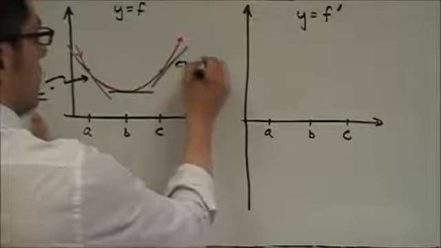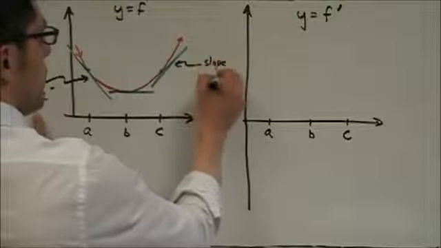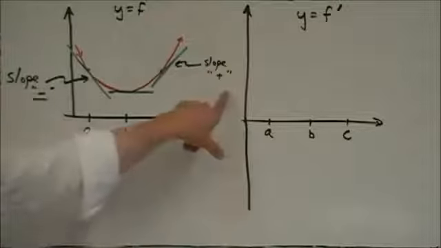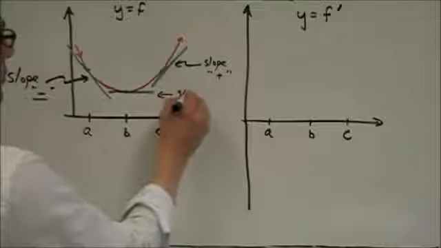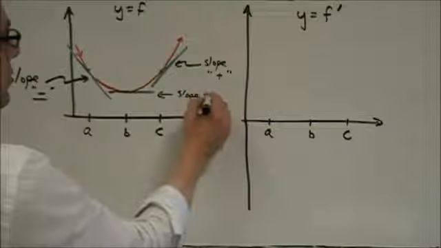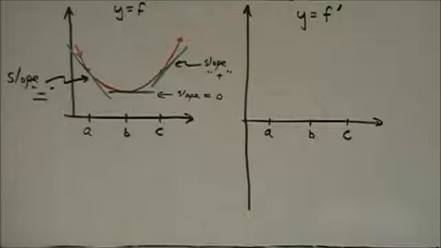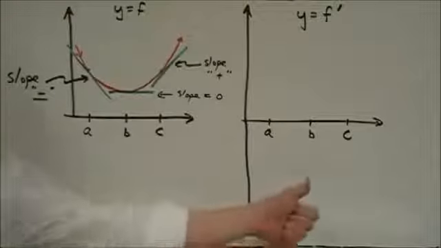The slope here is positive. I'll put it in little quotes for positive. And clearly you can see here that the slope of this tangent line is equal to 0. Okay? Slight abuse of notation here. So that's the slope. Okay? And without knowing the detailed numbers of what exactly the slope is, this gives me a pretty good idea of what the picture of the derivative ought to look like.